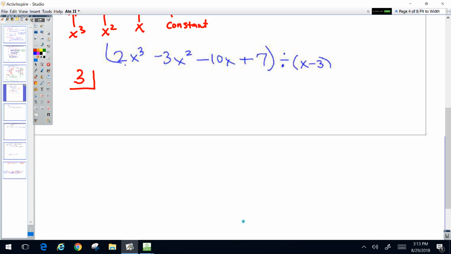Then we pick off, in order, all of our coefficients and end with our constant.